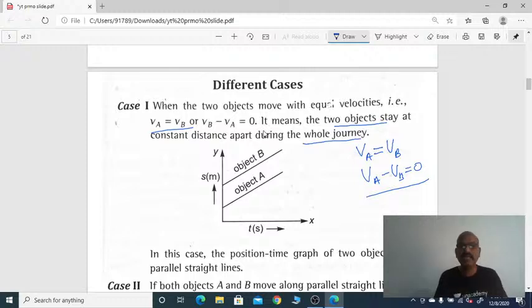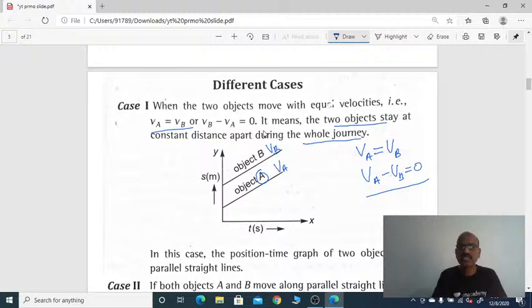Right? The two bodies move with the velocity of first object A, VA, and velocity of second object, VB. Both velocities are equal. Both bodies move with the same velocity. Then they always move with a constant distance apart.